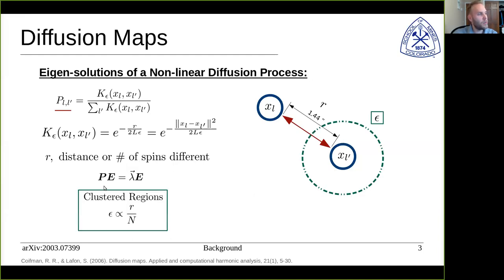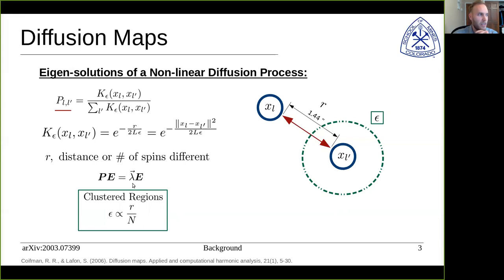Then you solve the eigenvalue equation for your transition probability matrix, and you get a set of lambda.